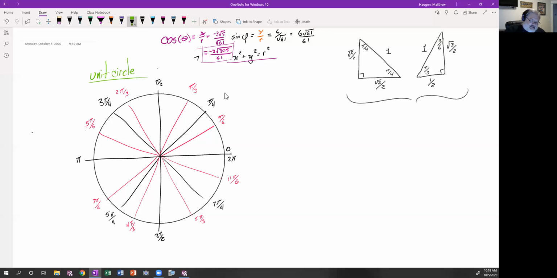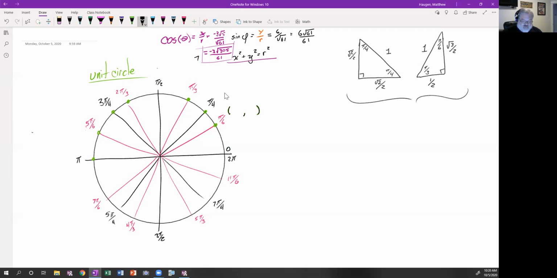So if we consider the points of intersection at those standard angles, let's say, for example, at this pi over 6, if we knew that x and y value, we would know that the sine of pi over 6 was the y value, and the cosine of pi over 6 was the x value.